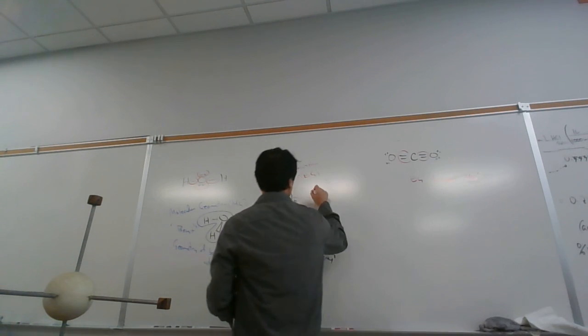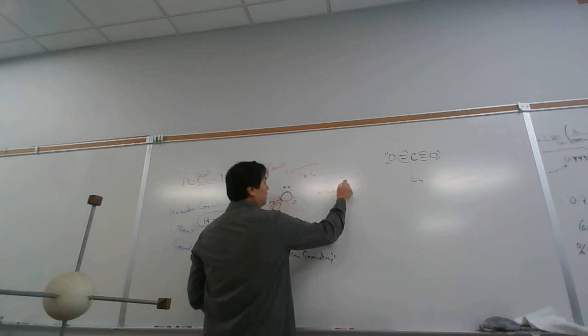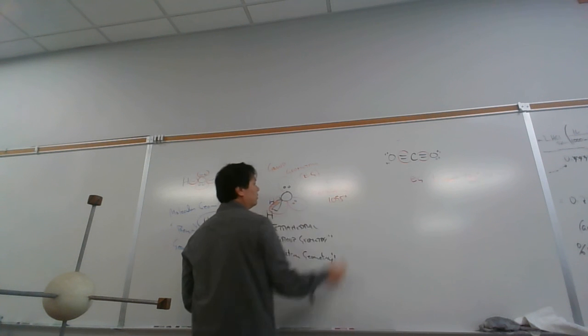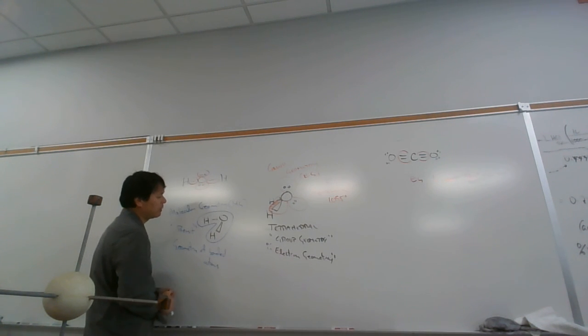A tetrahedral electron geometry has an angle of 109.5 degrees. And that's going to impact the angle here.